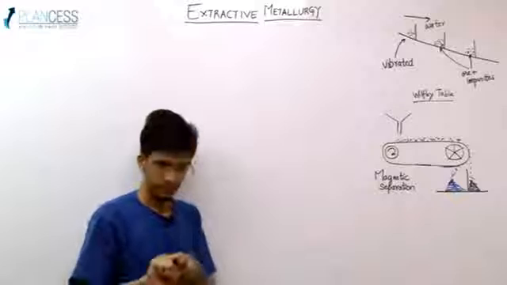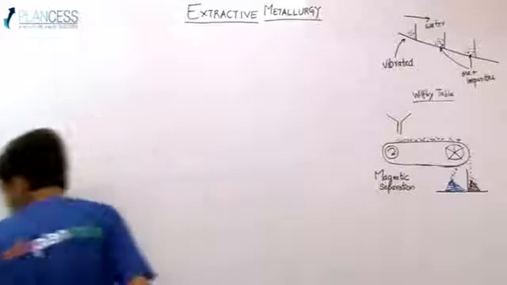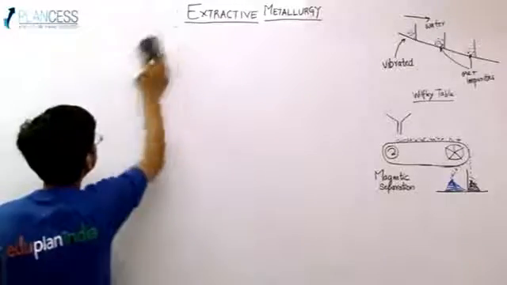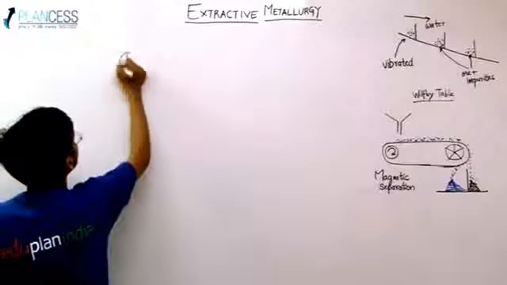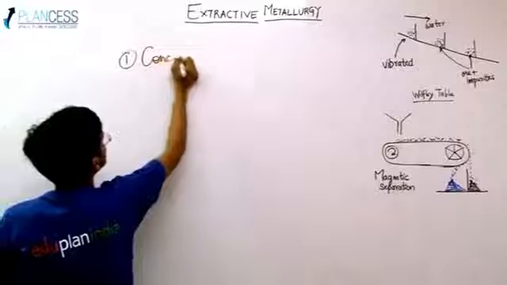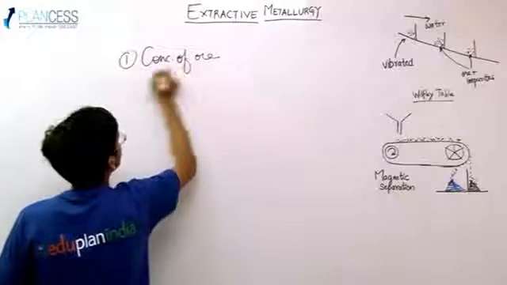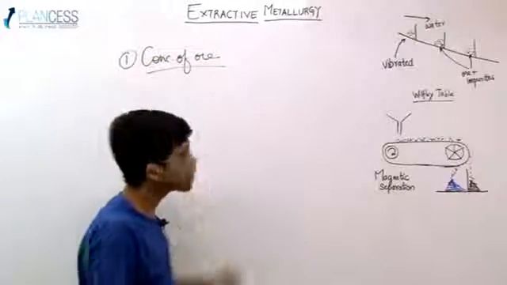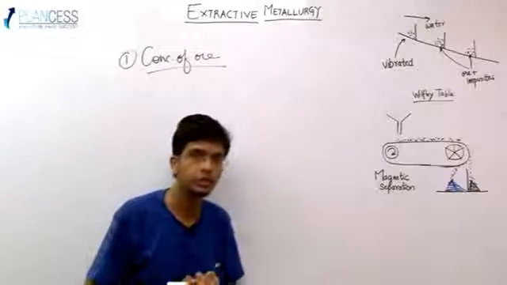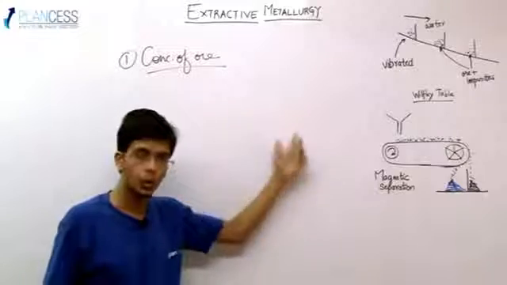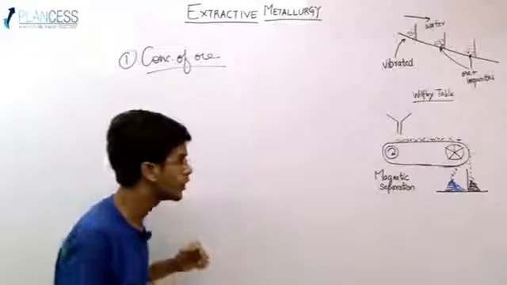Now let us look into the three steps which we talked about in detail. First is concentration of ore. The definition of concentration of ore is removal of unwanted, useless impurities, also known as ore dressing.